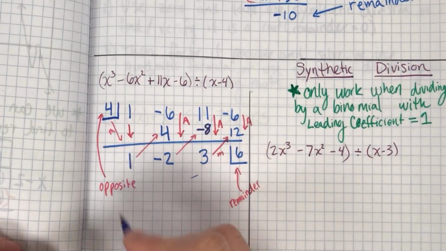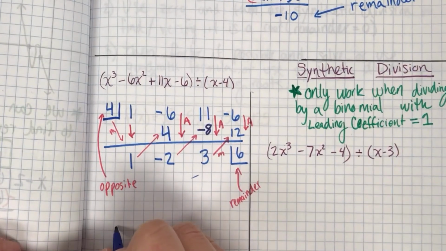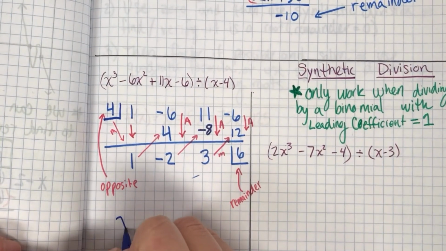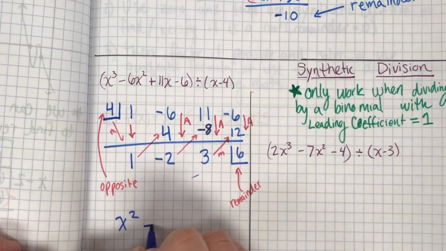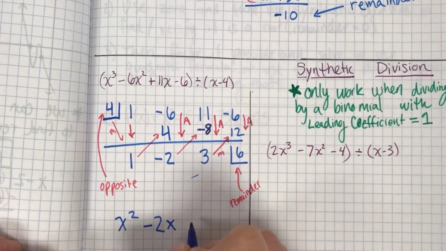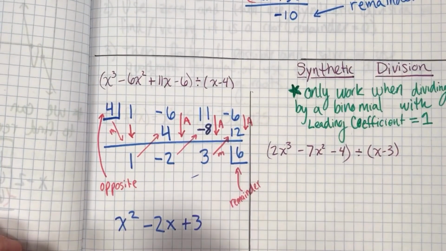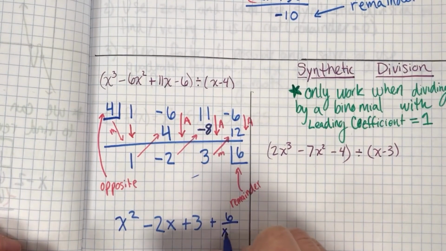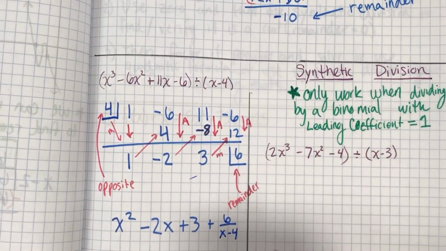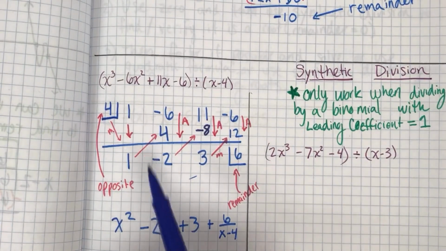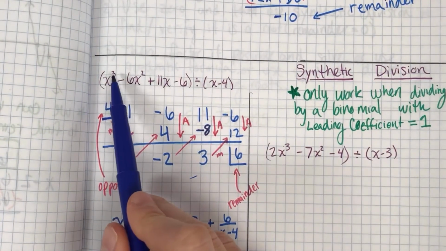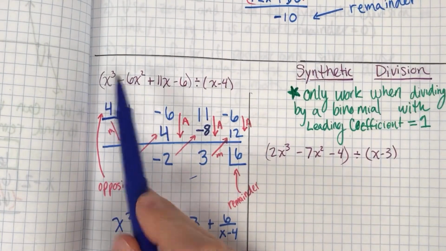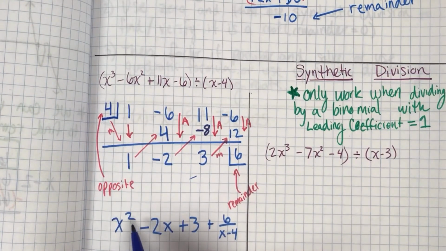So the degree will drop by 1. So here I would have x squared minus 2x plus 3, plus, and then we add our remainder, 6 over x minus 4. So all of my exponents drop by 1. If my highest exponent is a 3, my answer, the highest exponent can be a 2.